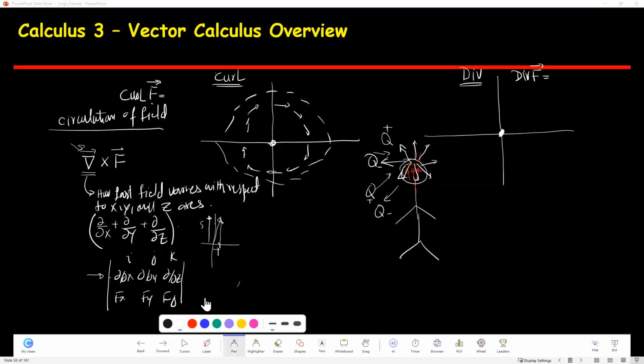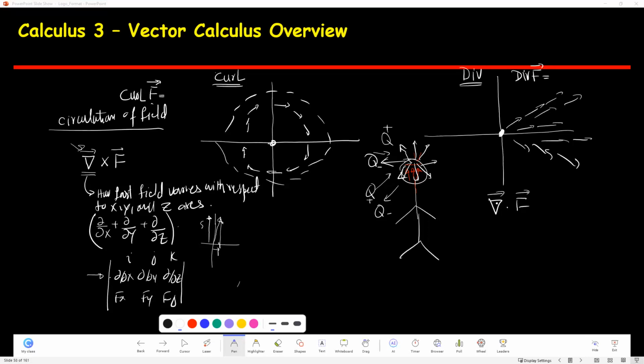But on the vector calculus implication, it means whether heat is going out or going in. I can use this phenomenon to talk about that. And then we use the dot product of this gradient and the vector field.